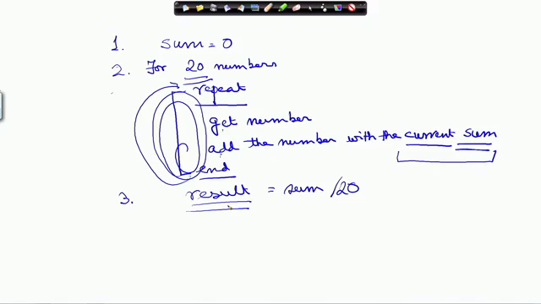Here you see in the earlier example what I did is read first number, read second number, read third number, read fourth number, like that. Here I have just expressed it in a smarter way, that for 20 numbers do this activity repeatedly 20 times. That is another way I can express it, all right.